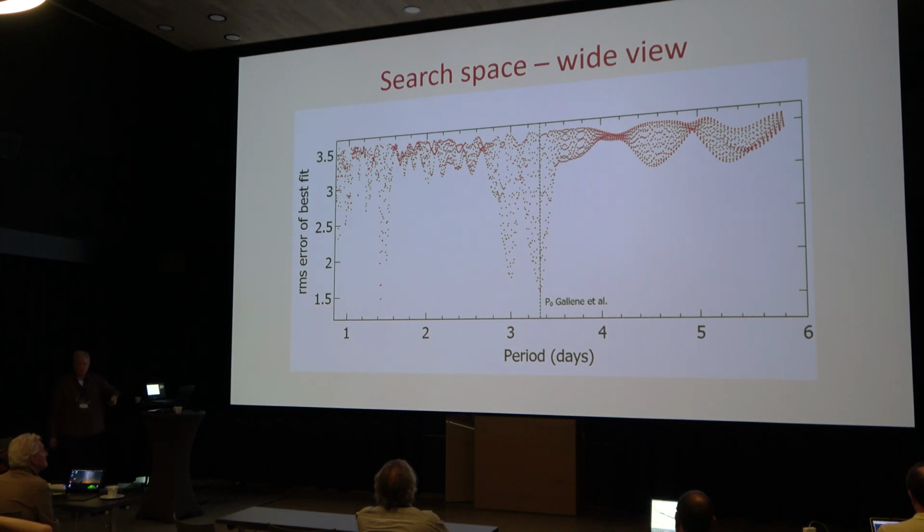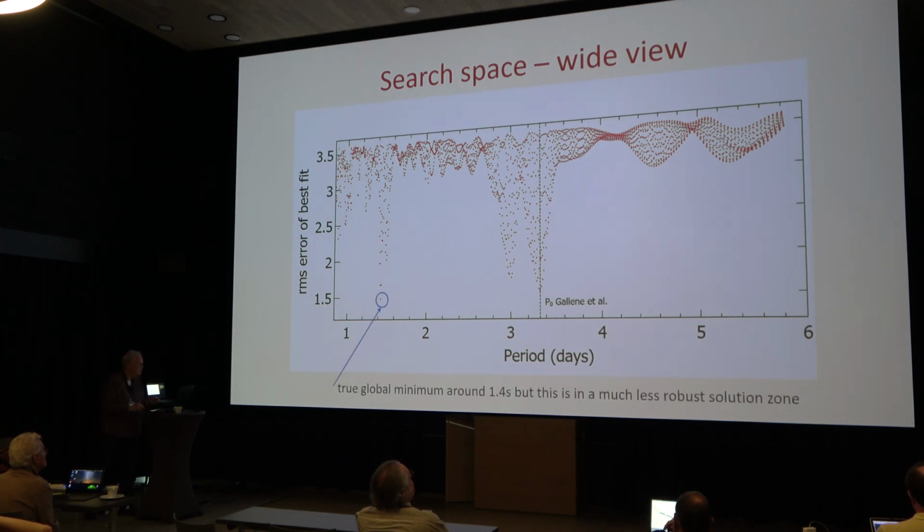And in the interests of full disclosure, the very, very best fit is actually given over here with a period of about 1.4 seconds, yeah? But it's not a robust area of the search space. So the true global minimum for me actually is around here. But this is a much less robust solution.